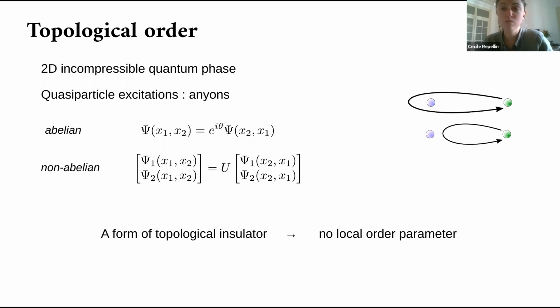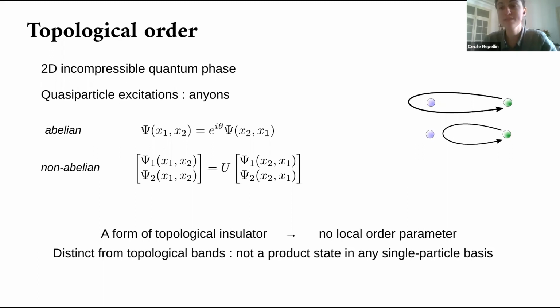So a system with topological order is a form of topological insulator in the sense that there's no local order parameter that you can measure that will tell you what this phase is. But it's also distinct from what we typically call topological insulator in the sense that it's not a topological band. It relies on strong interactions.